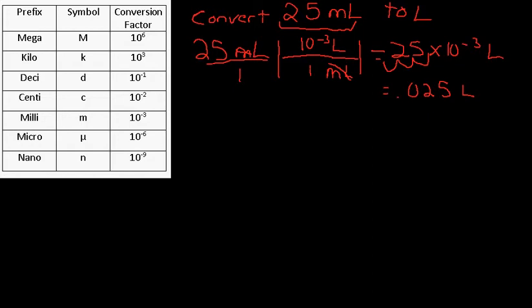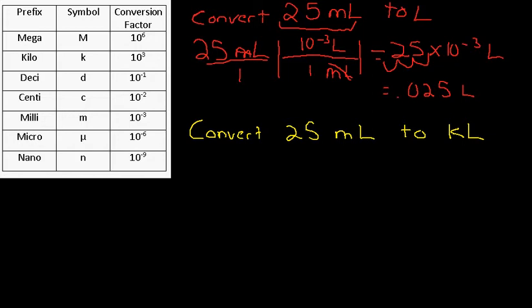Now, what I want to talk about mostly in this video is how to do slightly more complex conversions. These are conversions that require you to go from a unit with a prefix to another unit with a prefix. So in this case, I'm choosing milliliters and kiloliters.